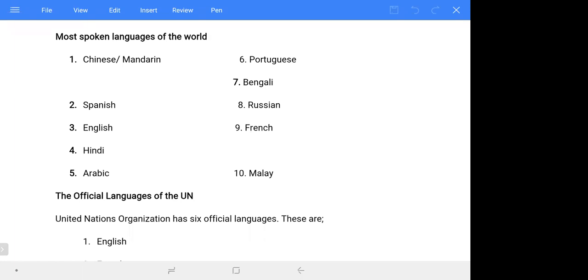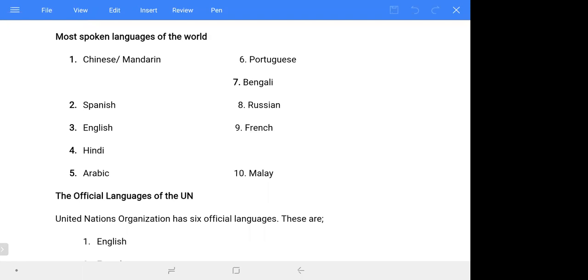Based on native speakers, I have listed the first 10 most spoken languages of the world. Don't get confused between most spoken by native speakers and most widely spoken. The most widely spoken in the world is English, but the most spoken language by native people is Chinese Mandarin. Is it clear?